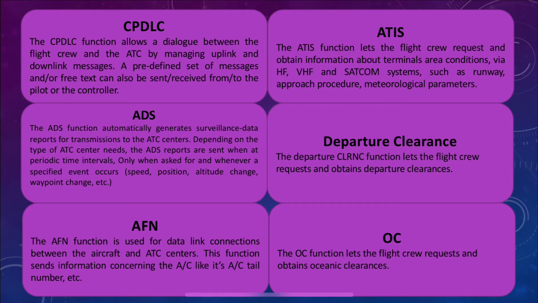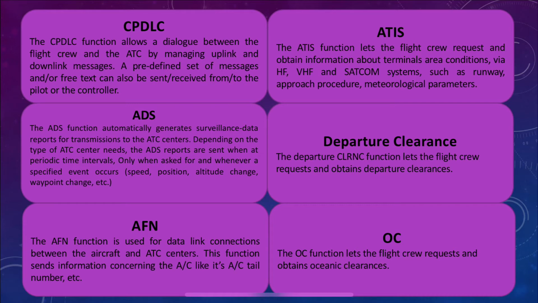ATIS. The ATIS function lets the flight crew request and obtain information about terminal area condition via HF, VHF, and SATCOM systems such as runway, approach procedure, and meteorological parameters.